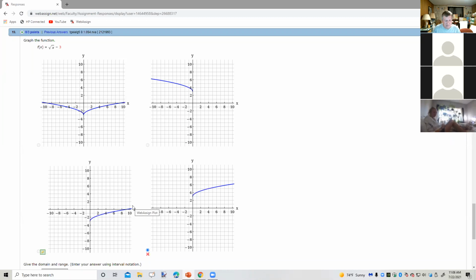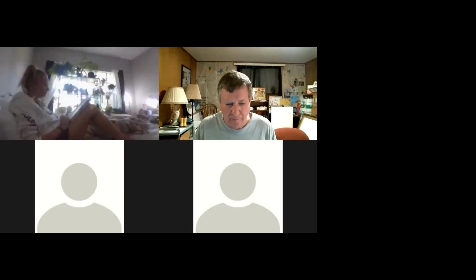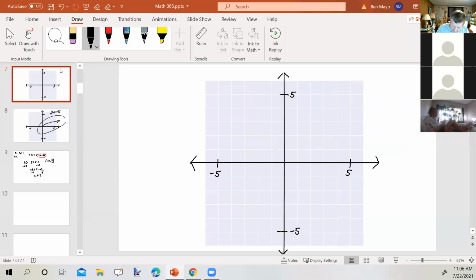Now, if you say no, I want to find it just using ordered pairs, we can do that. Okay, so let's go back here. So we've got f of x equals the square root of x minus 3.